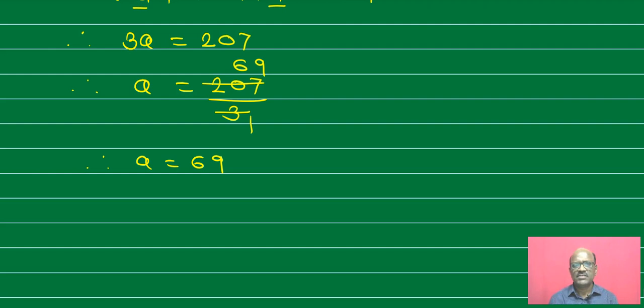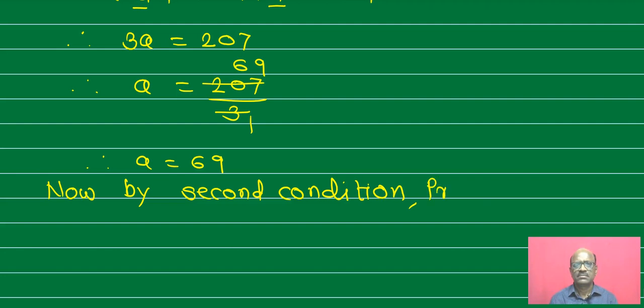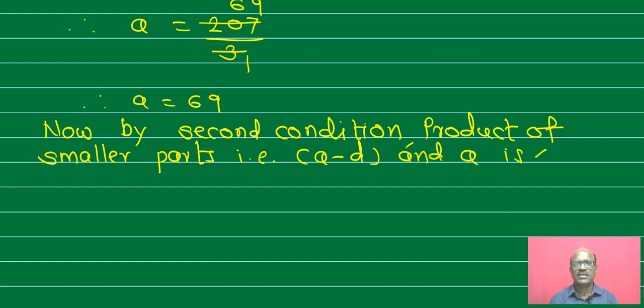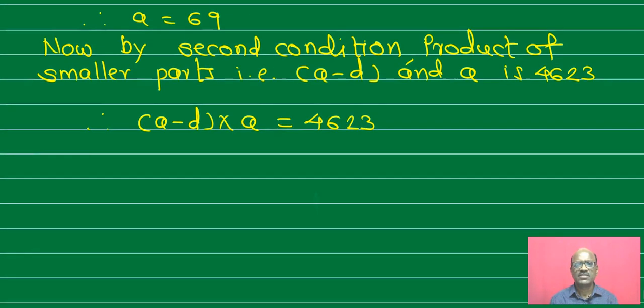Now, by the second condition, product of smaller parts, that is a minus d and a, is 4623. Therefore, a minus d into a is equal to 4623.